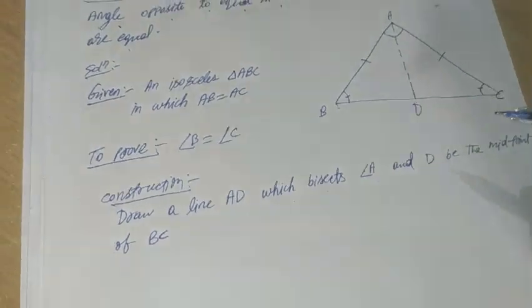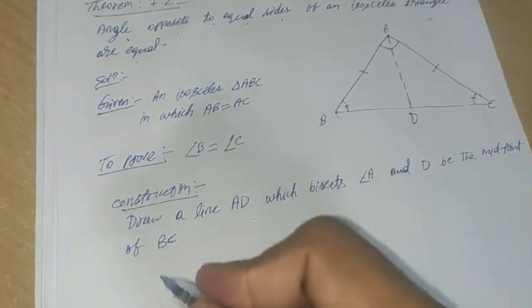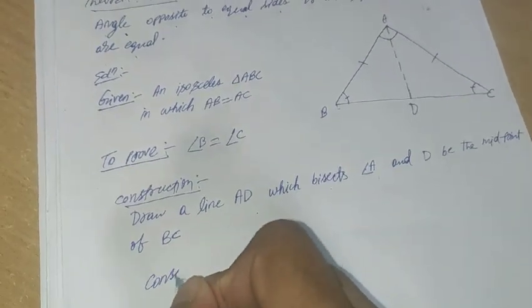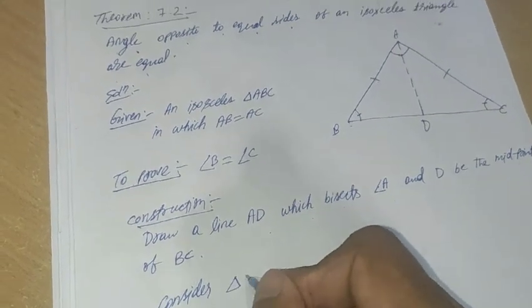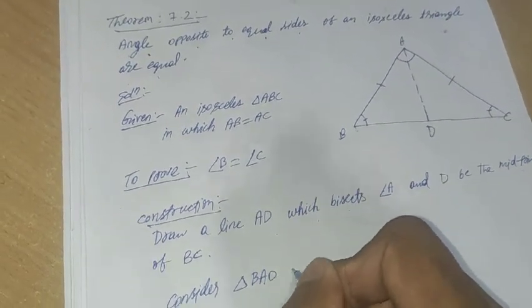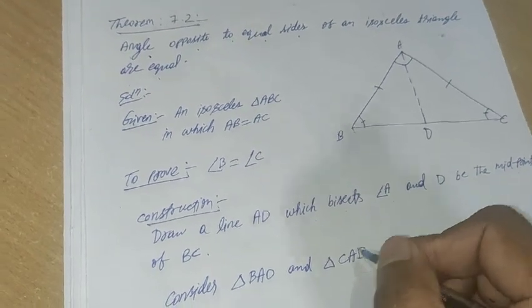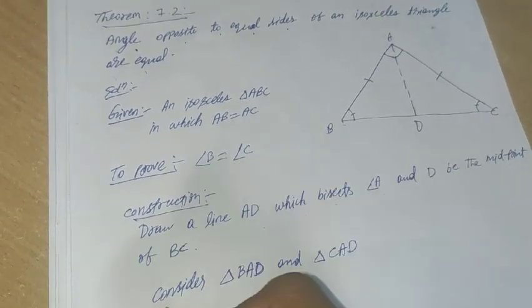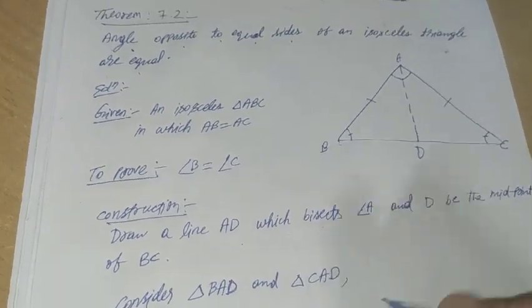Now when you draw this line, you will get two triangles. Now we will prove. Consider triangle BAD and triangle CAD. What do we get?